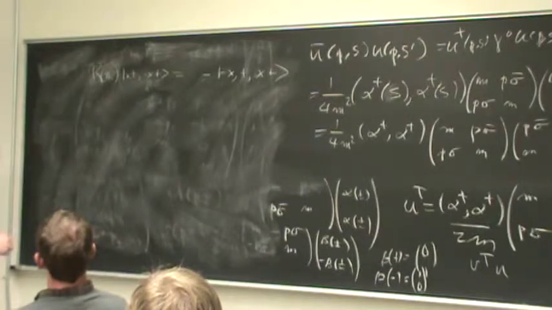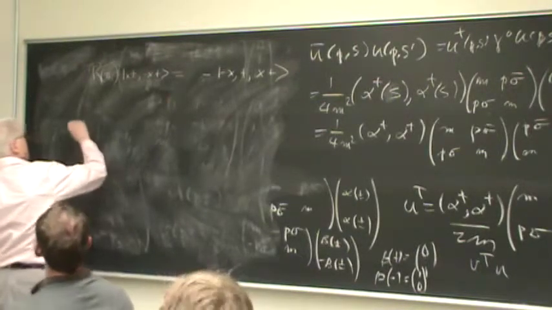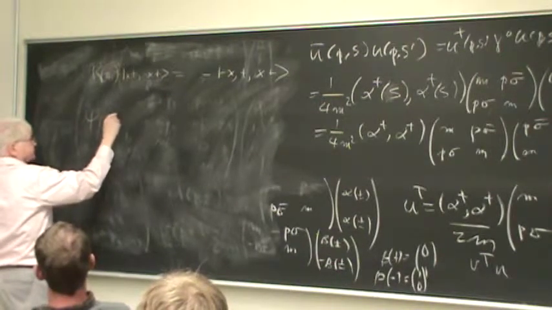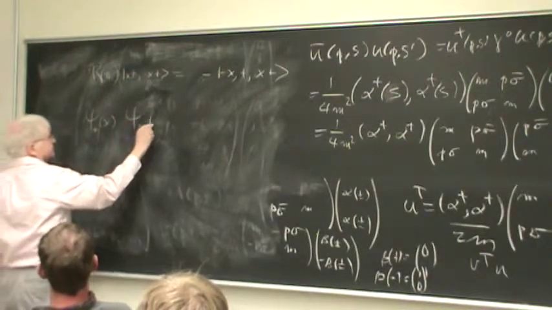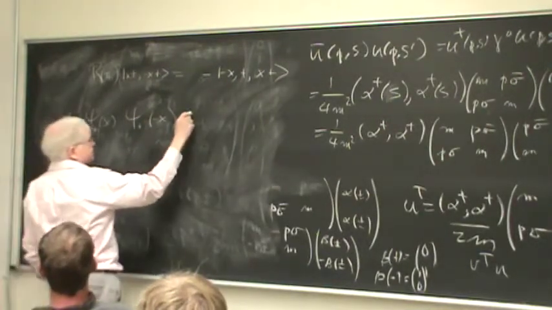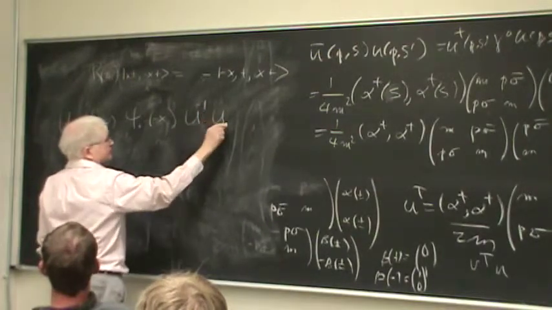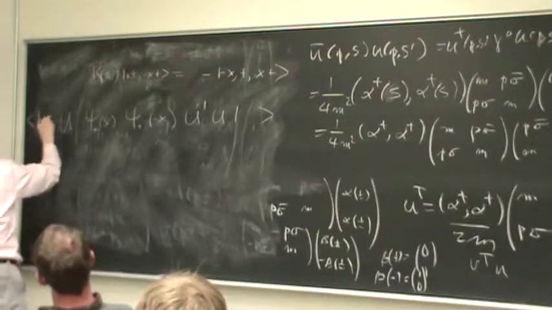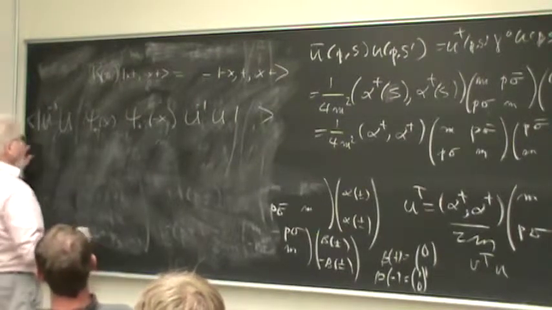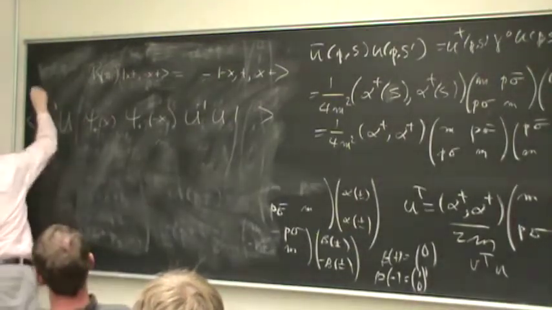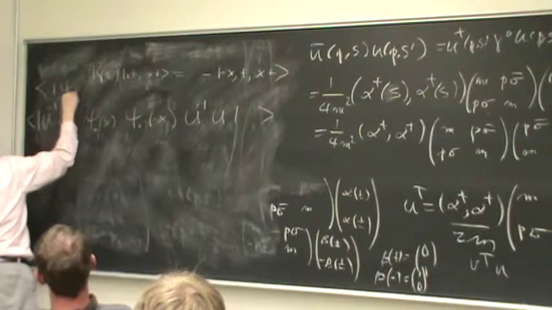Well, I don't know. Let me think of it instead in terms of fields. Suppose we have the field here. And now we do a unitary transformation, and we're taking some matrix element of that.